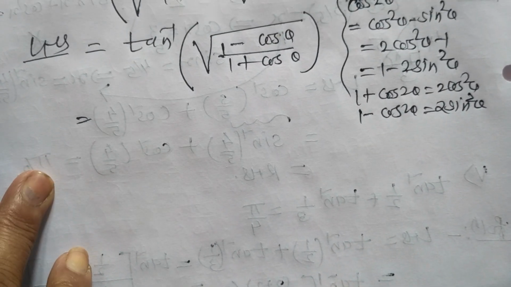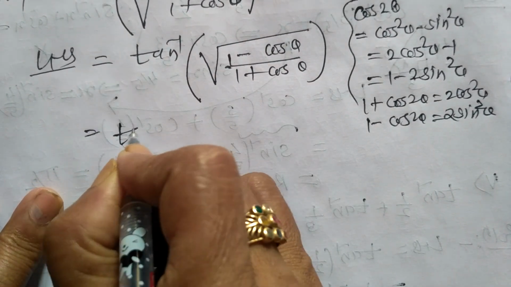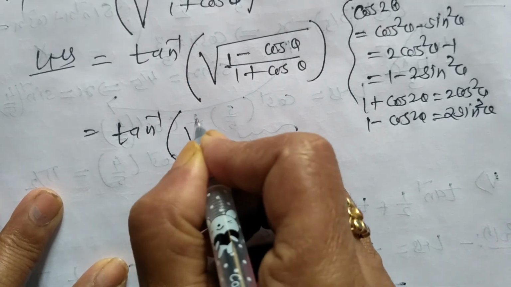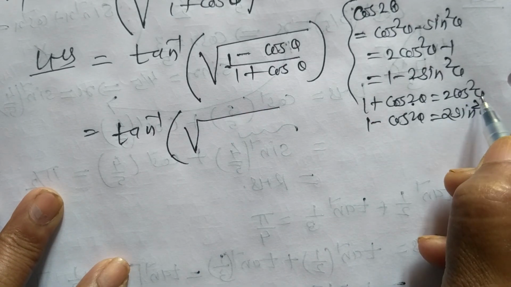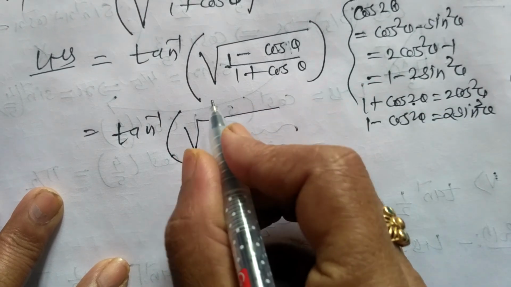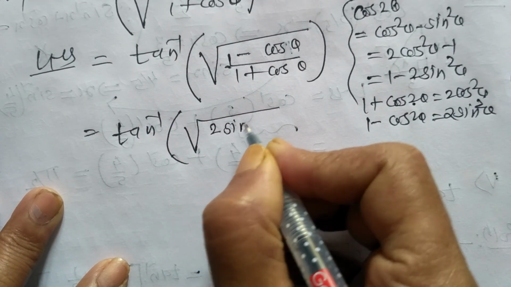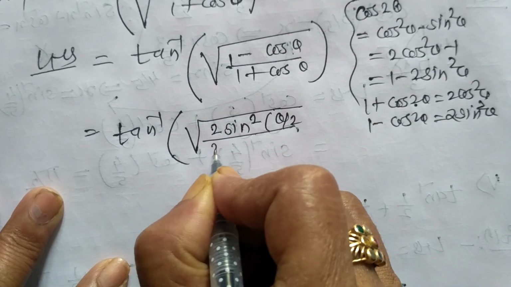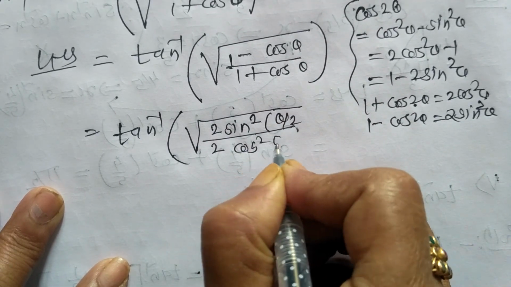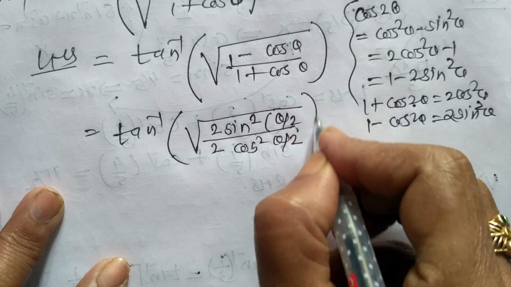So by using this concept here, for the under root terms, instead of the angle being double, 2 theta, we take its half, angle is theta. Here the angle is theta, so we take its value as half, 2 times sin square theta by 2, and here 2 times cos square theta by 2.